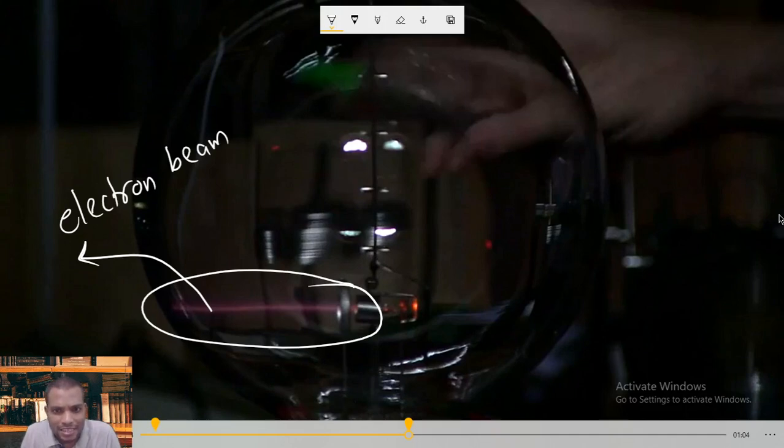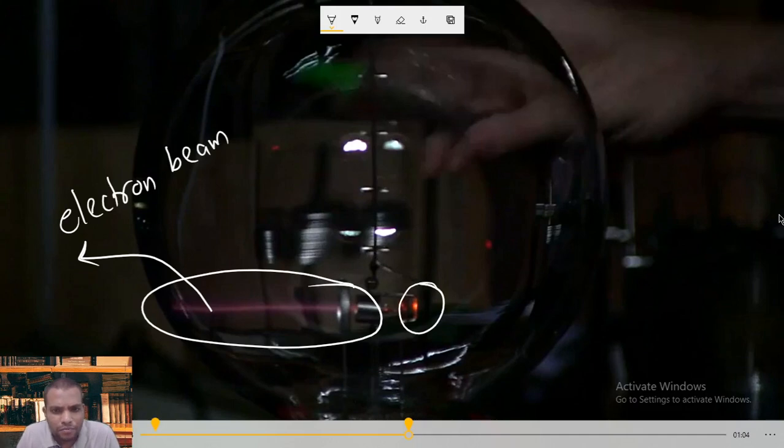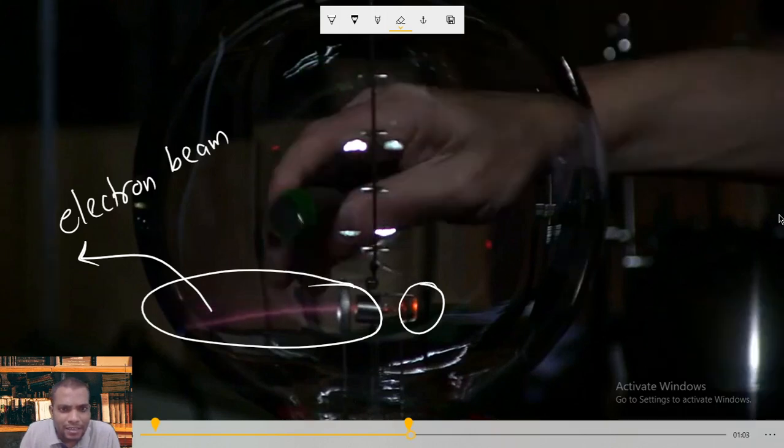This is generating electrons here. Since they are in a vacuum, we can see the electrons' path. Now he is moving a magnet.